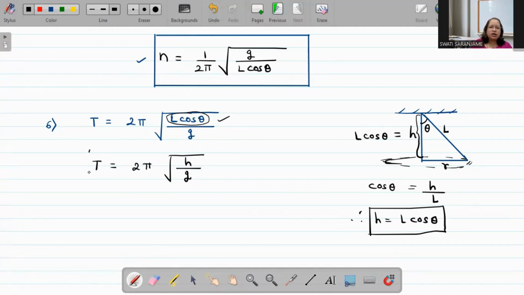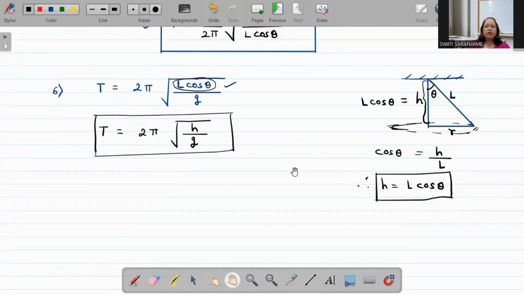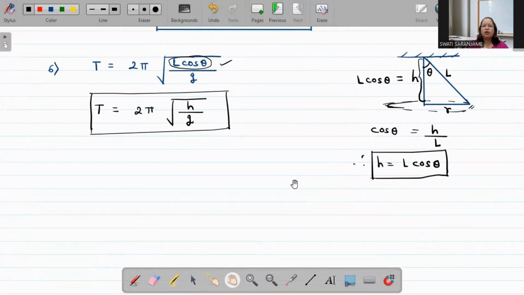Yes. So these are the different formulae for periodic time of a conical pendulum, which can be used to solve different objectives or numericals.